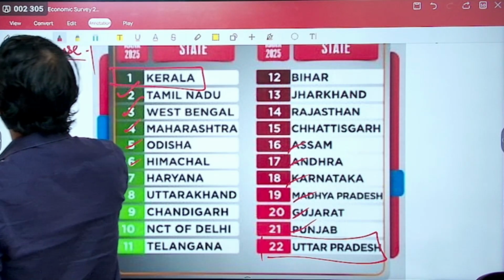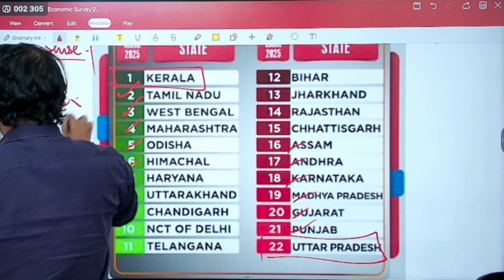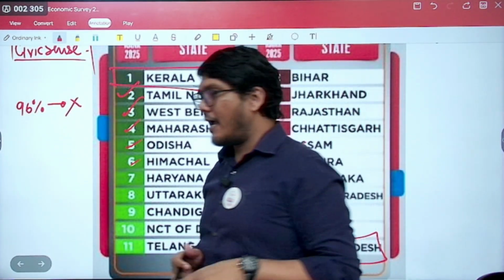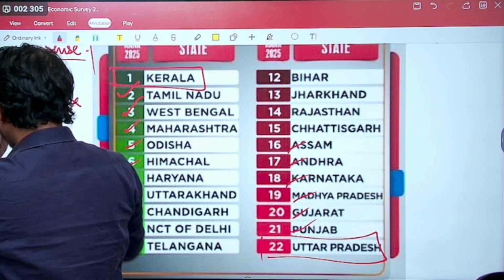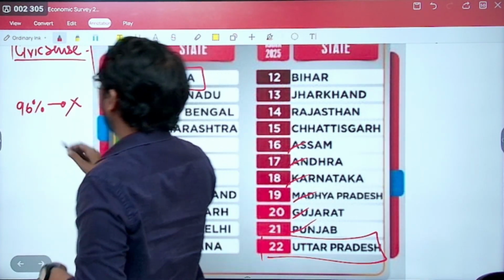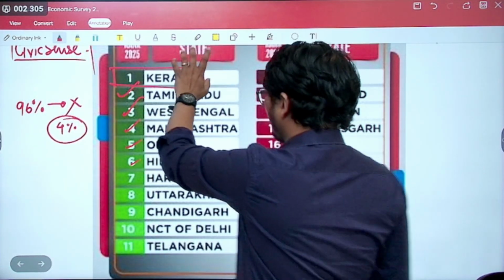So 96% people from Kerala said that it is not at all okay to throw the garbage or litter the garbage. 96% people said that it is not okay. That means only 4% people were saying it is okay. That was the situation of Kerala.